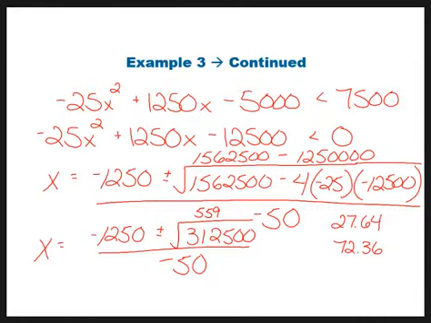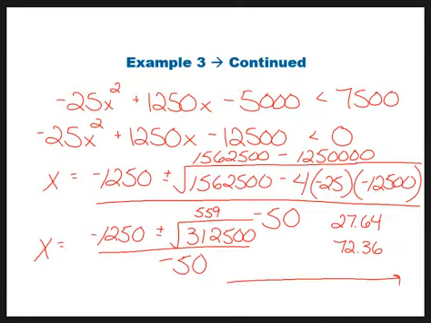So those in this case are going to be my two critical values. I'll number line those up over here. They're not the easiest to work with, but we have 27.64 and 72.36. Now what we'd want to do is check to see what's going on. In this case, it says we're less than.